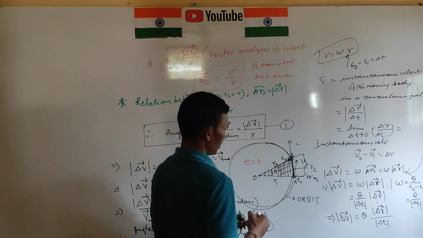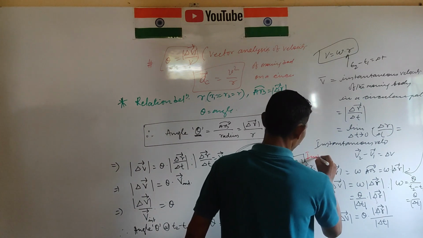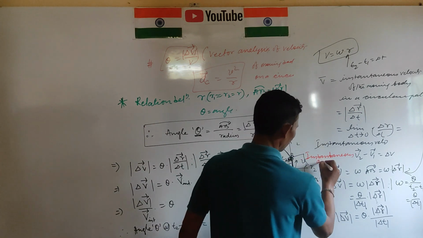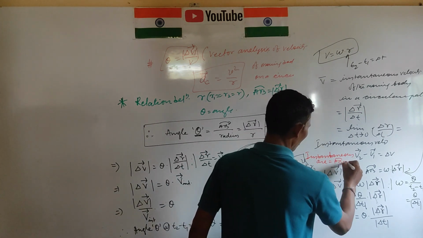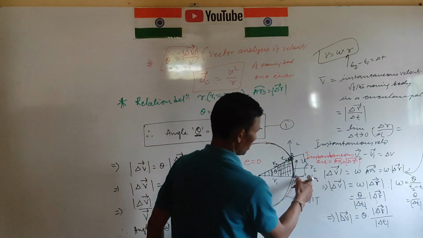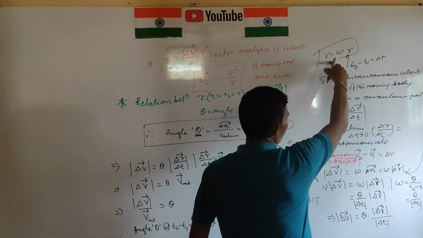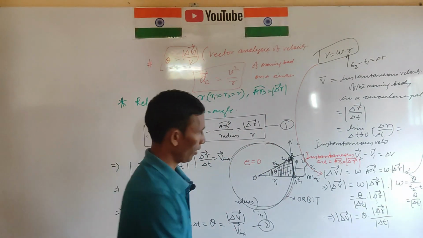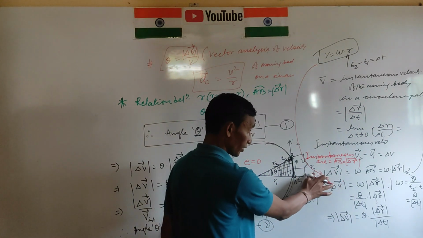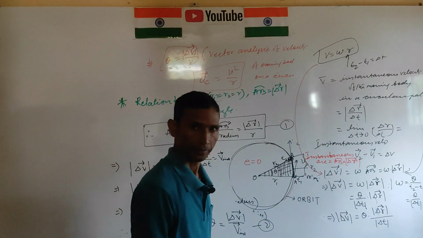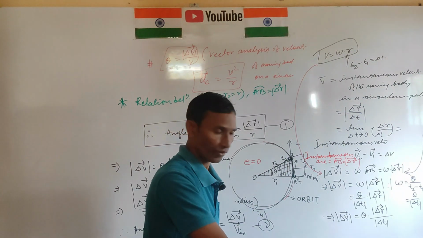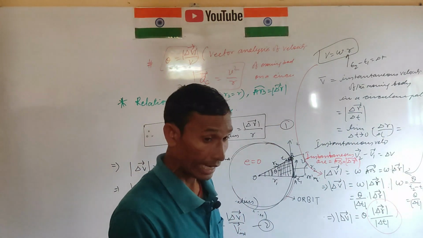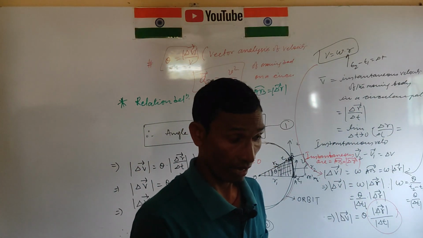This is the instantaneous arc AB, or delta R. Okay, so in this case there will be this equation, and after getting this equation we simplify in a simple way. After simplification we get this one, and this is called the instantaneous velocity of a body which is moved in a circular path.